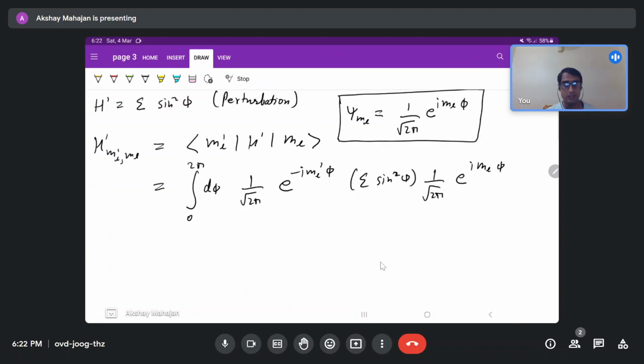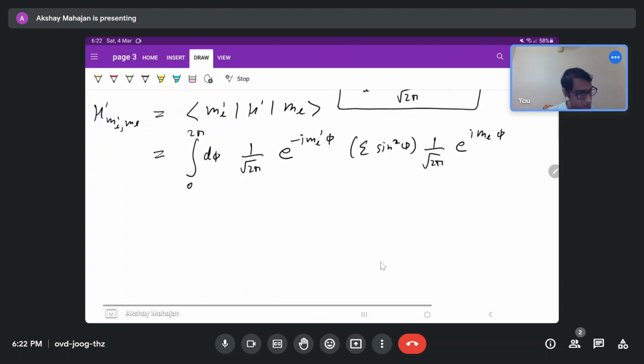All right, so this is how we will write our integral.